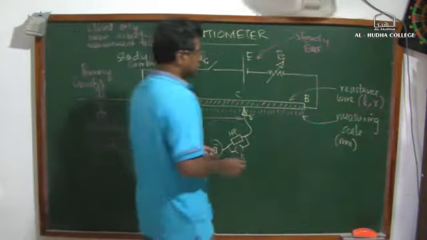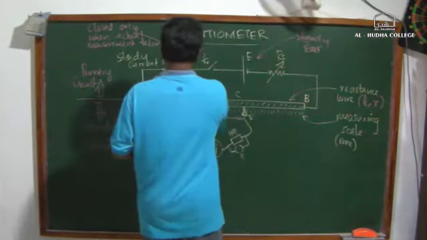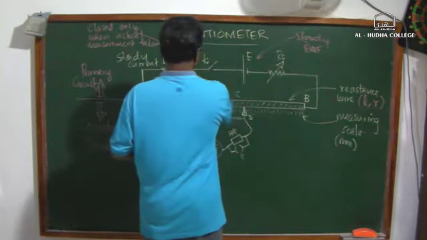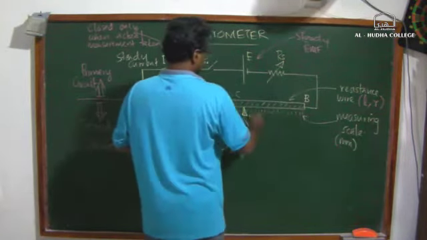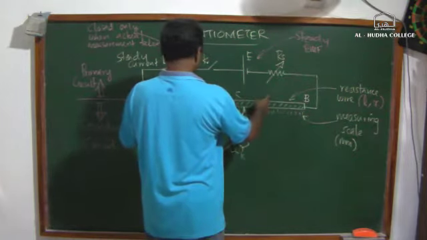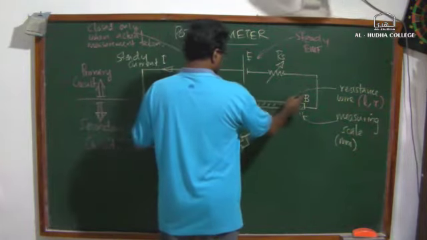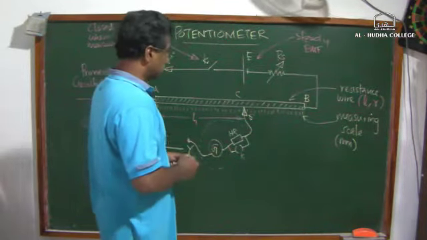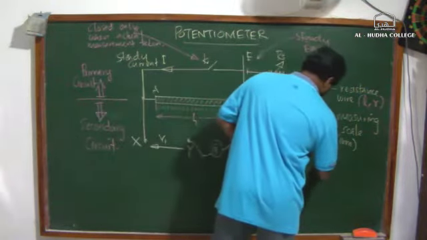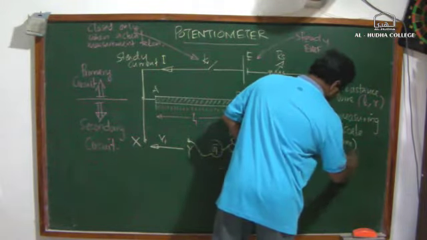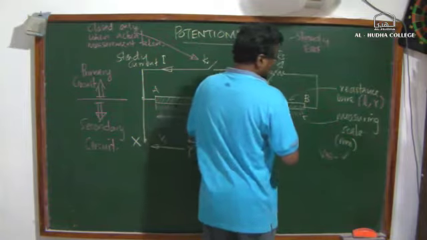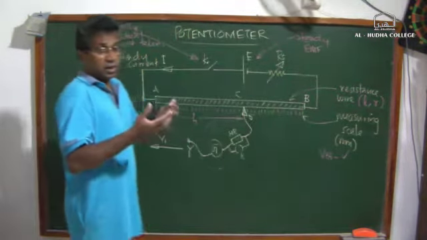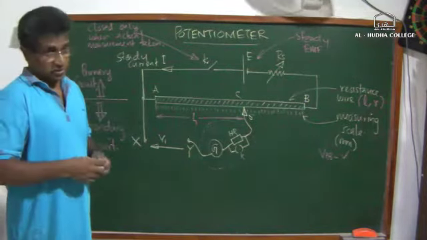So VAB you can calculate, because using Kirchhoff's law or Ohm's law you can find the potential drop across AB. If you find VAB, you can also find the voltage drop per unit length.